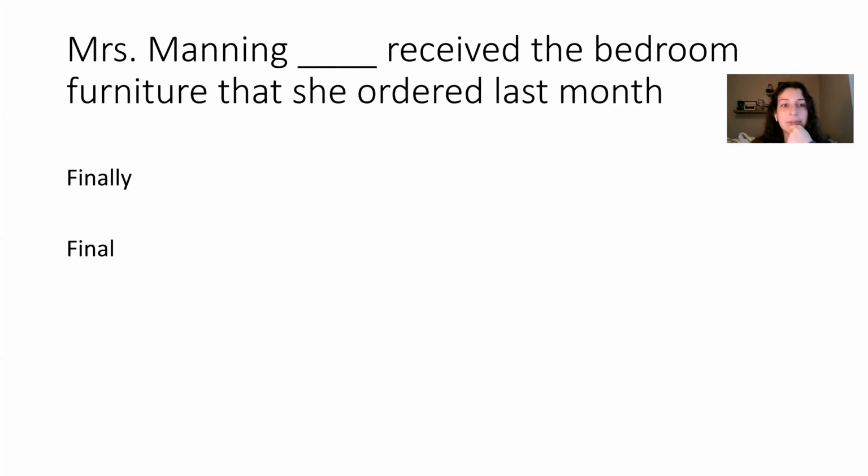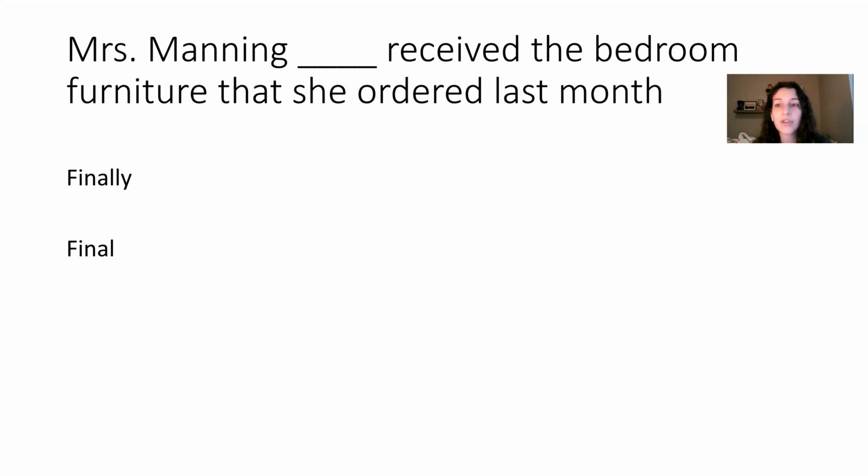Here's another example. Mrs. Manning blank received the bedroom furniture that she ordered last month. So we can choose between Mrs. Manning finally received the bedroom furniture or Mrs. Manning final received the bedroom furniture. So we are describing the word received. Now, is received a verb or a noun?